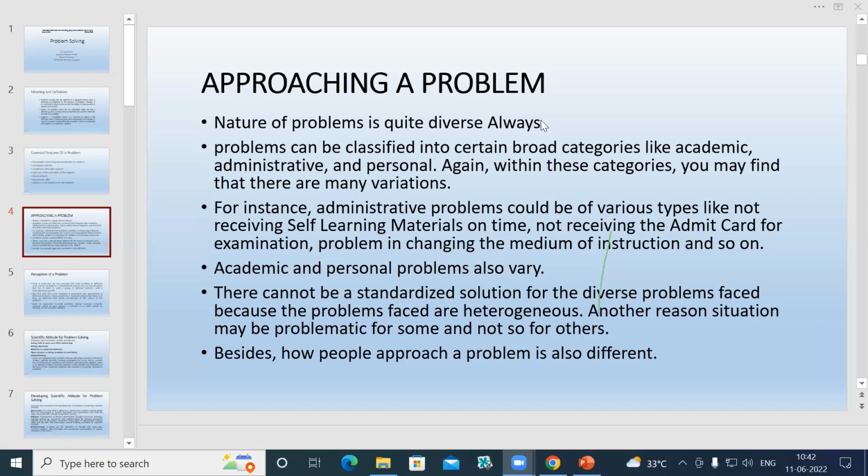Suppose there is a situation that is problematic for you, but if you tell others, somebody can say it is not a problem, it is very simple and you can do it like that. So for some persons it may be problematic, but for others it may not be. How people approach a problem is also different. So this is about approaching a problem.